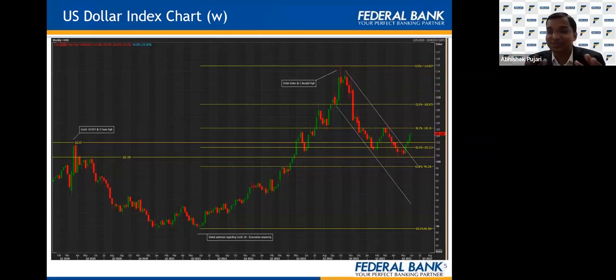And just keep this image in mind for some time, as this chart is linked to the next slide. On the left hand side, we have seen dollar appreciation because of risk aversion. In the middle, we have seen global optimism, because of which the dollar index depreciated by 13 to 14%. And then in October 2022, it made a 2-decadal high of around 114 levels.